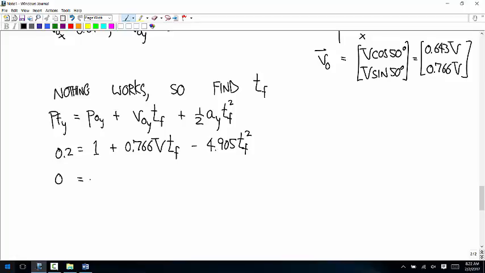So 0 is equal to 0.8 plus 0.766 V times TF minus 4.905 TF squared. We need to come up with an expression for TF. How are we going to do that?